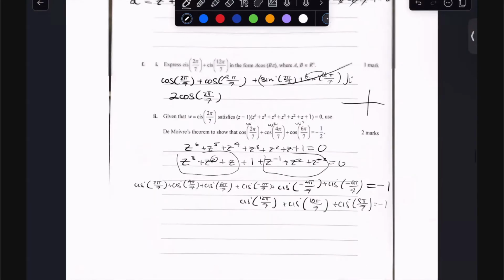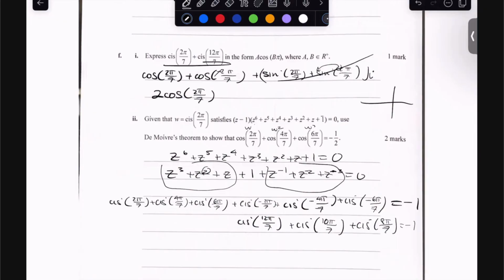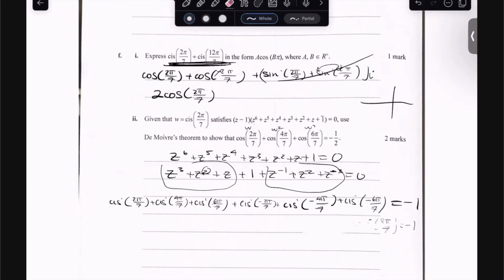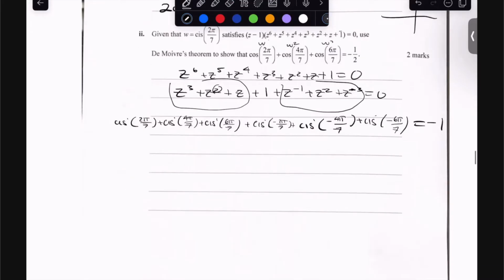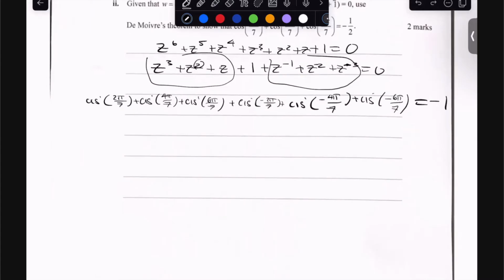And we've just shown that the opposites are the exact same. Oh, no, we don't even need to convert to that. We just know that the cosines double up, right?